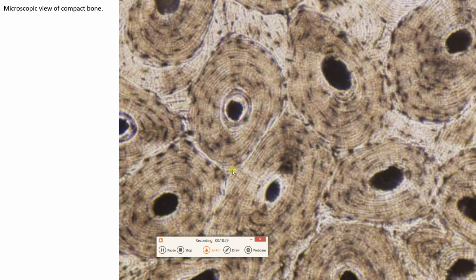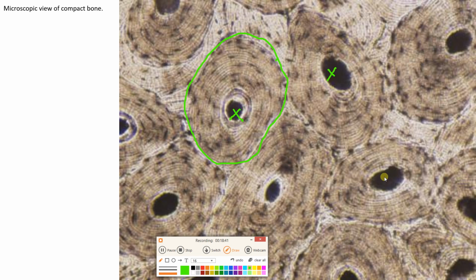Awesome. Now here is the real thing. Check this out. Do you see this osteon right here? Look at this beautiful osteon. Here's its central canal. Here's another central canal. Plenty more. If you kind of zoom in with your eyeballs, you can see there are lots of little layers. Those are concentric lamellae.